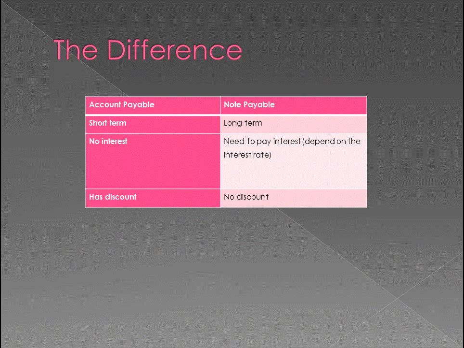On the other hand, signing a note payable also creates a liability on the company's books because they now owe the cash and principal back to the lender at some point in the future.